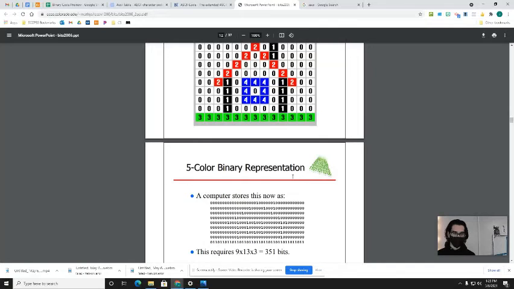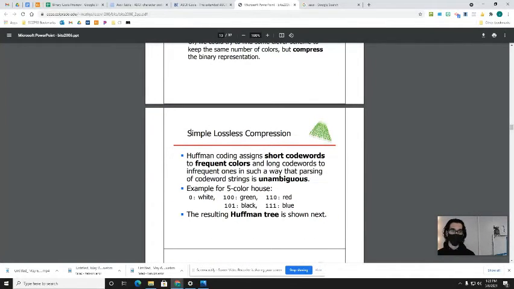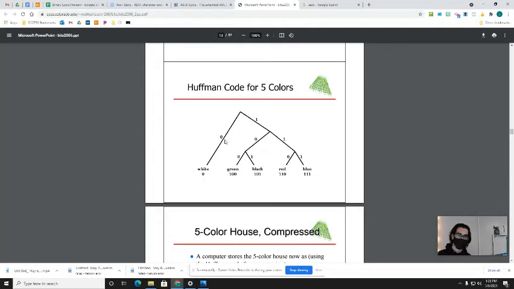To assist with all of this data being processed, there is a lossless compression, which means there's no loss in data. But a person by the name of Huffman has included short code words for frequent colors to make code word strings unambiguous. And he makes a tree like this.